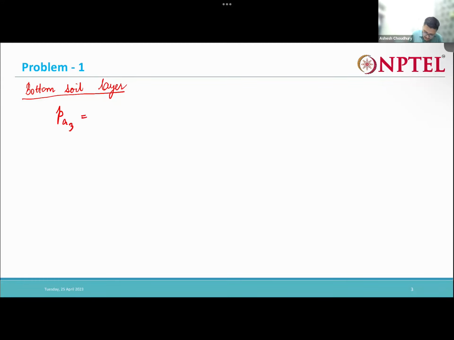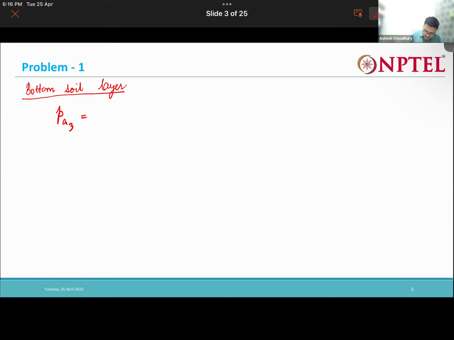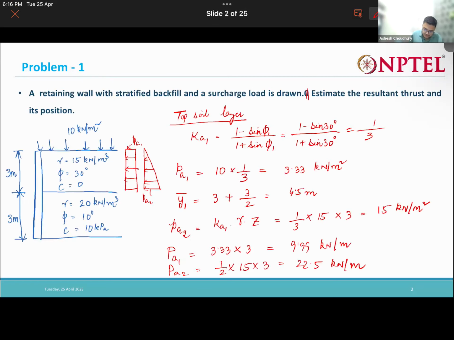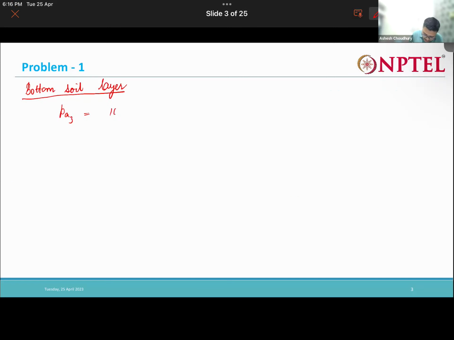PA3 is nothing but, sorry, erase this. So PA3 is nothing but how much? 10 plus 15 into 3, into K2.